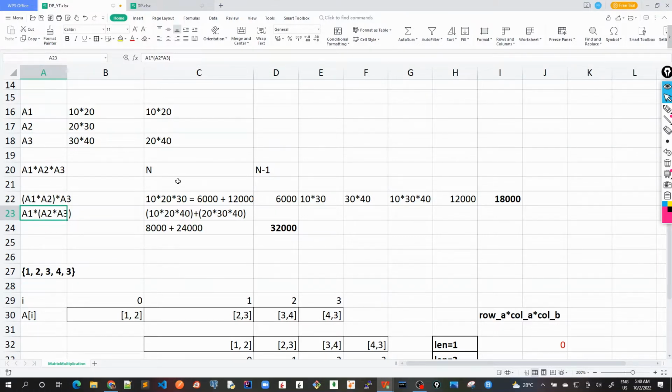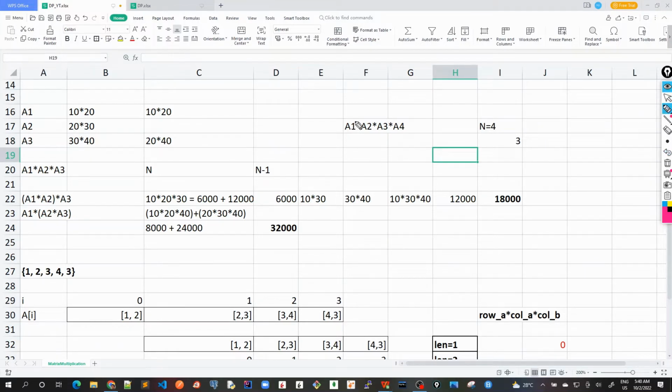Similarly, using this formula, if we have A1 multiplied by A2 multiplied by A3 multiplied by A4, we have n equal to 4 in this case. From this formula we think there should be a total of three ways possible, right? How three ways? Let me show how.